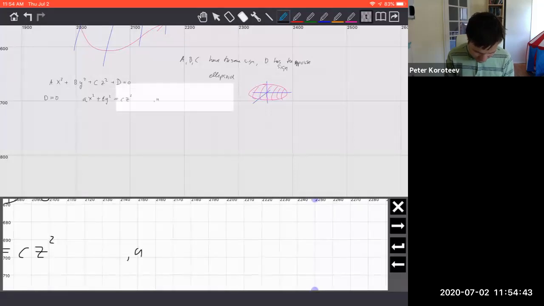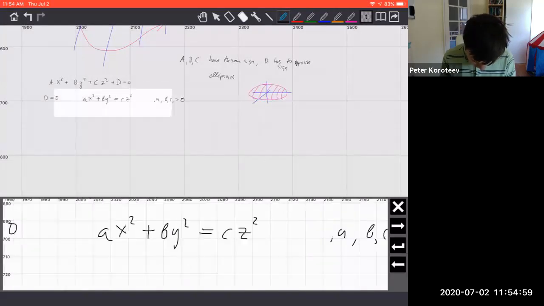So a, b, and c are all strictly bigger than 0. What would this thing look like?